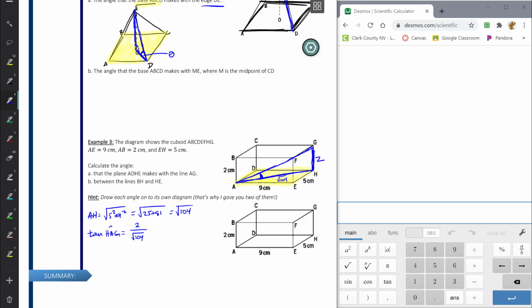We know we need to take the inverse tangent of both sides. So HAG will equal inverse tangent of 2 over square root 104. And we can come over to our calculator.